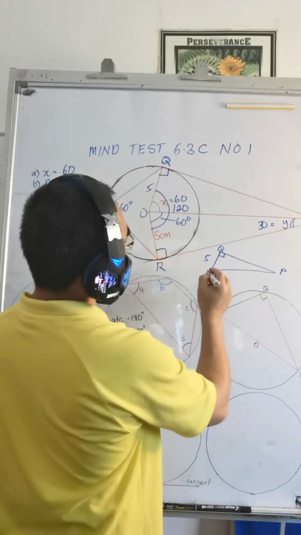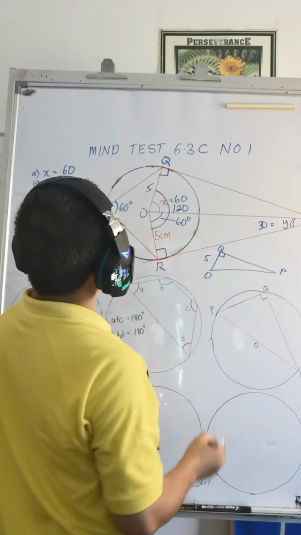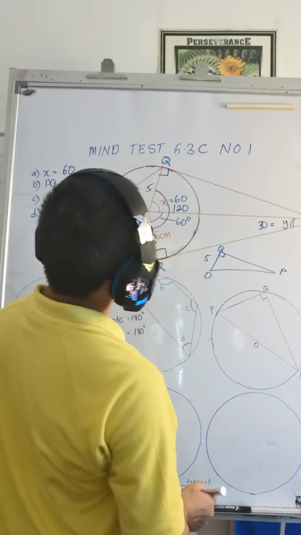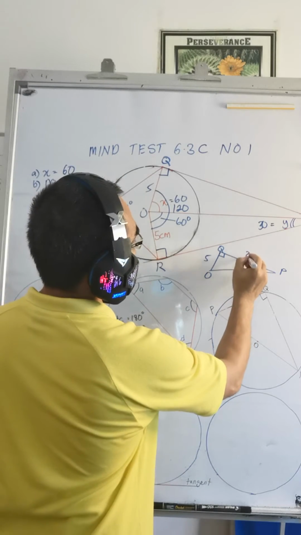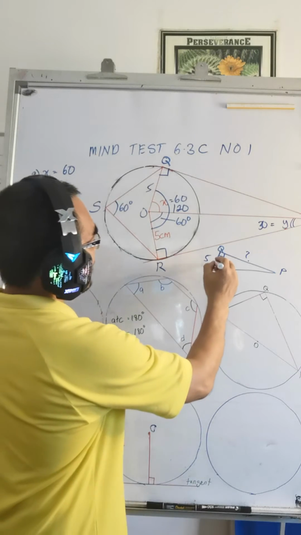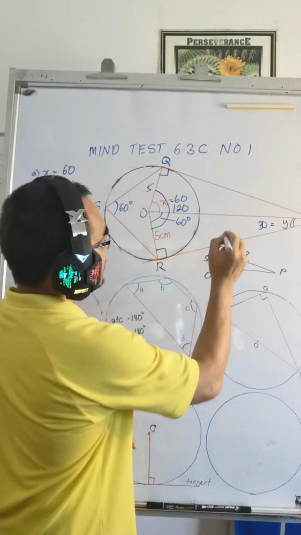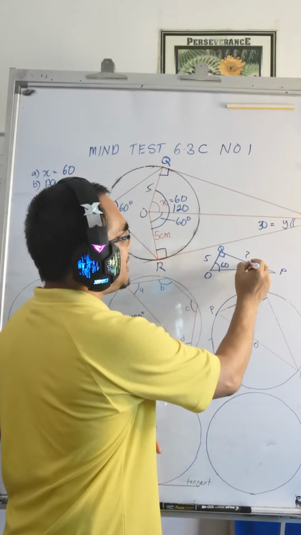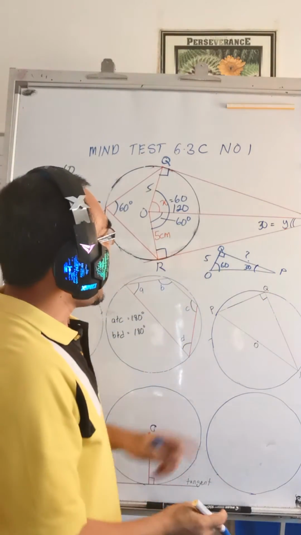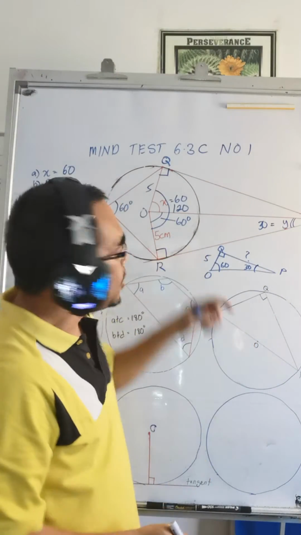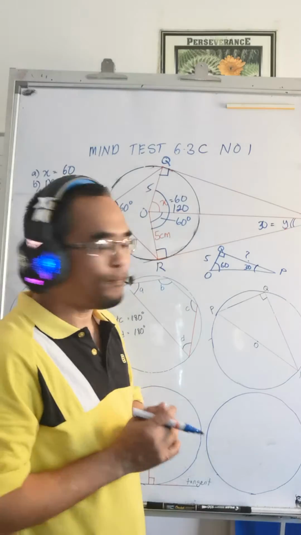This is PQ, this is O, and here we have 5. We want to know the length here, and we have 60 degrees here. We can use either 60 or 30 degrees, and you have to relate the length of PQ to the length of OQ.